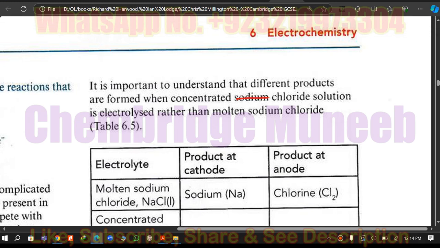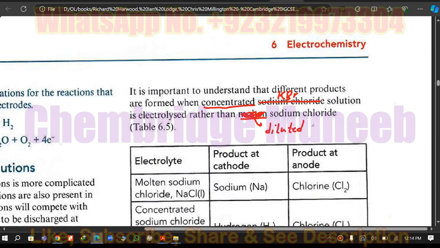So we can also say the same thing for the potassium bromide, when it is in the concentrated or in the diluted form, because in the diluted form the amount of the water, H2O, is more.